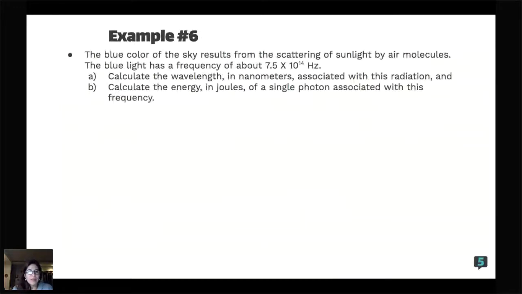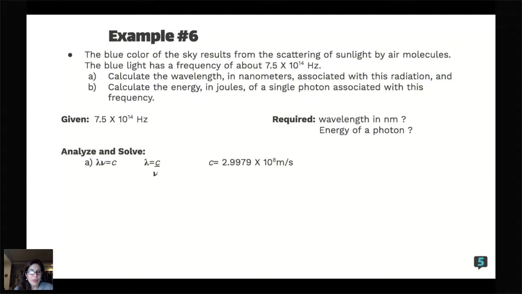The blue color of the sky results from the scattering of sunlight by air molecules. The blue light has a frequency of about 7.5 times 10 to the 14 hertz. They're asking us to calculate the wavelength in nanometers associated with this radiation and also the energy in joules of a single photon associated with this frequency. So the first thing that we're going to do is, well, organize our data, of course.